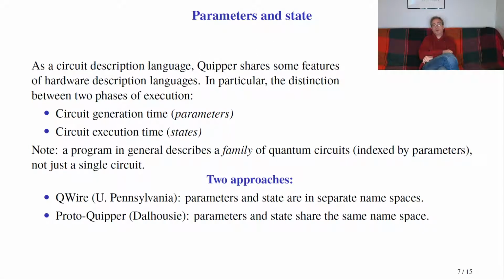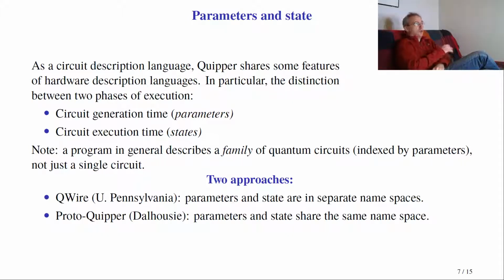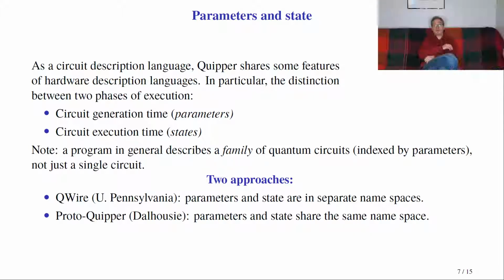In Clipper, parameters and states belong to the same syntactic class, and the type of a variable determines how the variable can be used. So this creates certain complications because state in a quantum world cannot be duplicated and needs to be treated linearly. So we need a type system that is based on linear logic. But one of the advantages of keeping parameters and state in the same namespace of the programming language is that this then enables us to create data structures that are part parameter and part state.